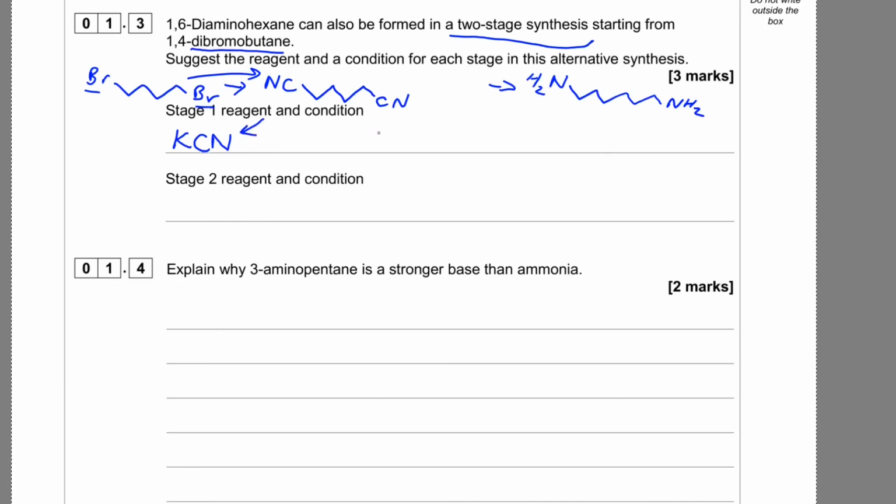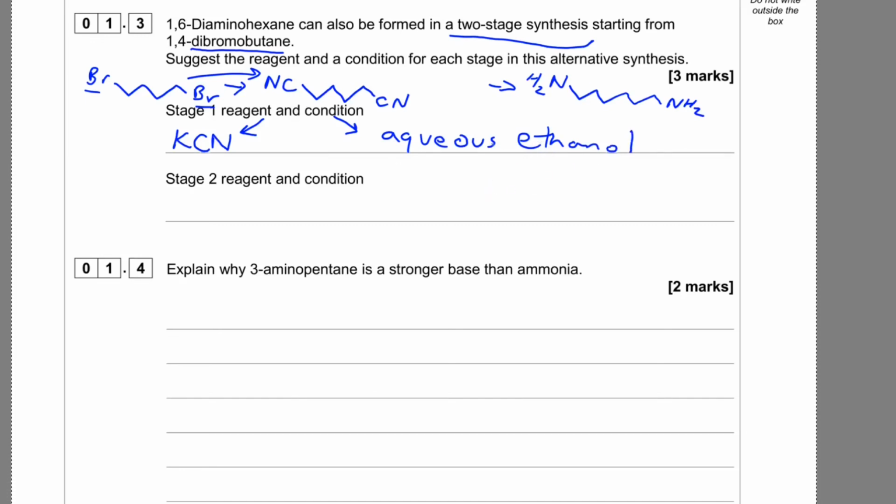And the condition that we would do for this, we want to make sure that it's in the same state. So we may not be wanting to put it in just water because this stuff up here won't dissolve. So maybe some kind of alcohol and water mixture, aqueous ethanol, let's just say, or aqueous alcohol or something along those lines.